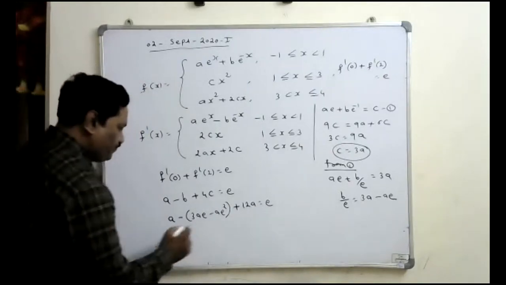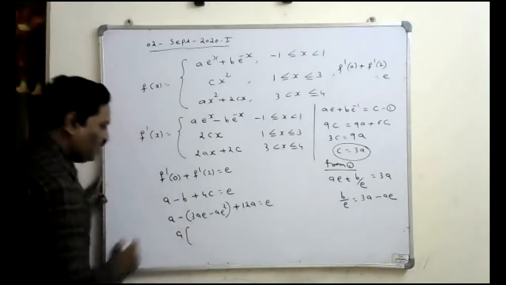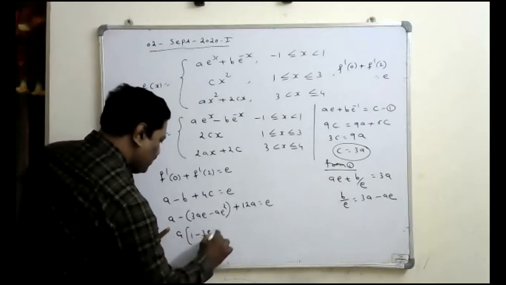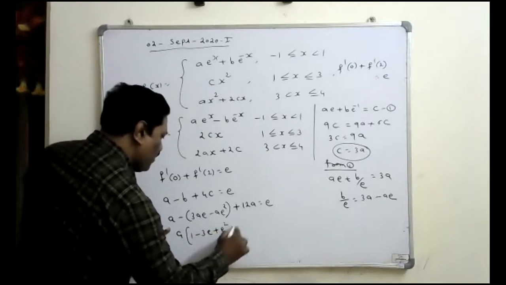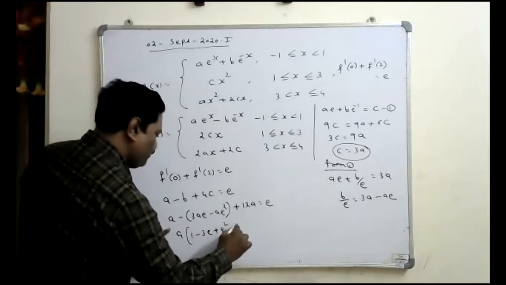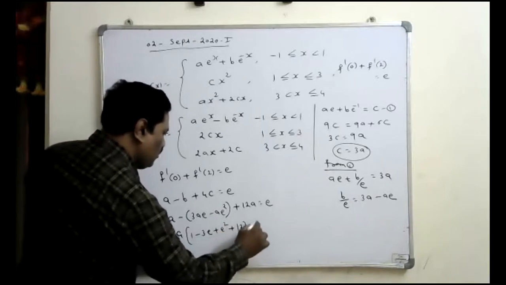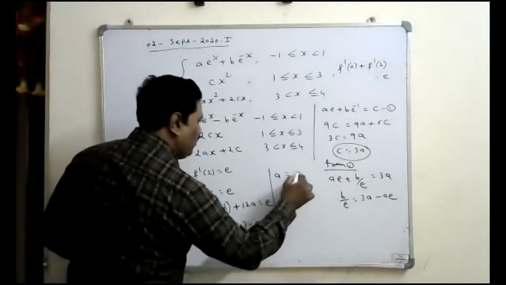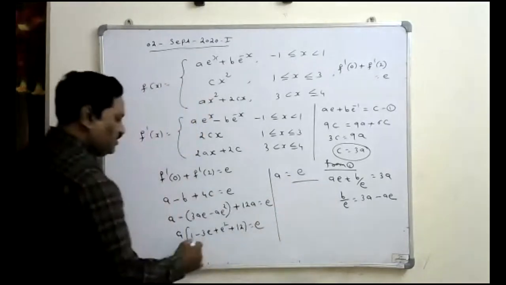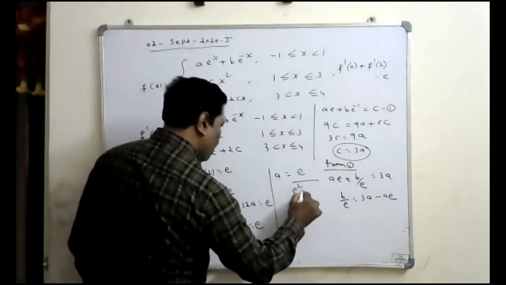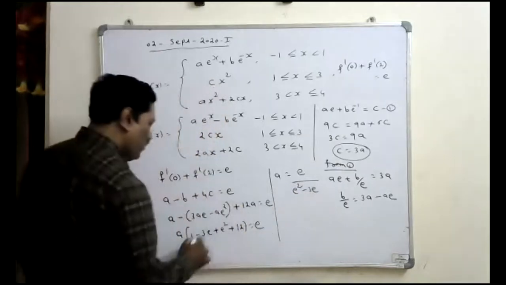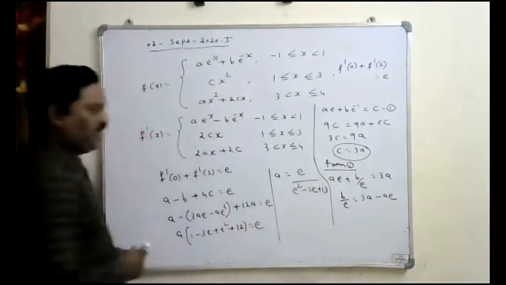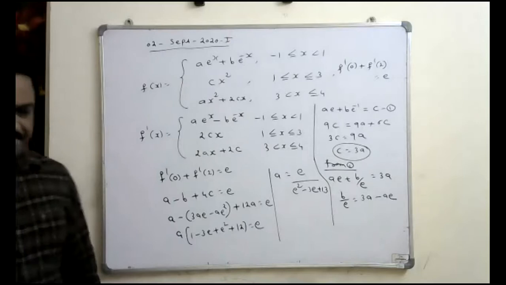Take a common. Then here we get 1 minus 3e plus e^2 plus 12 is equal to e. Therefore, the value of a is equal to e upon e^2 minus 3e plus 13. So this is the value of a in terms of e. That is the answer.